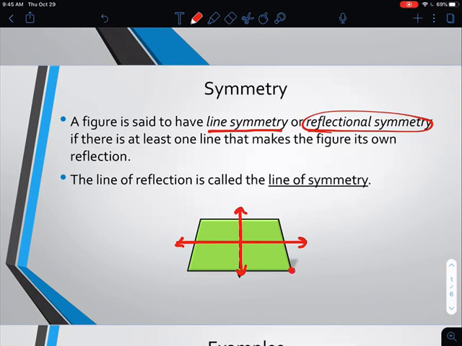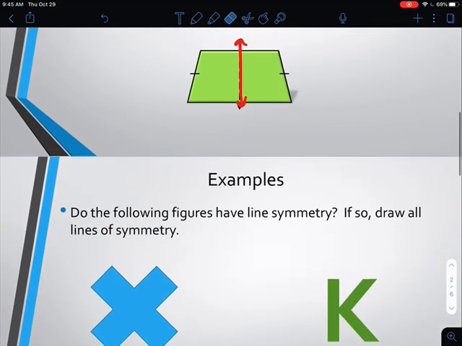For instance, this point right here, when it folds up or reflects across, is going to come straight up to right here. It doesn't match up with anything on the top side. So in that case, that would not be a line of symmetry, which means we'd have to eliminate it from our picture. Whenever we have these figures, we can only put in lines that actually cut it exactly in half. So in this case, we have line symmetry, but there's only the one line.